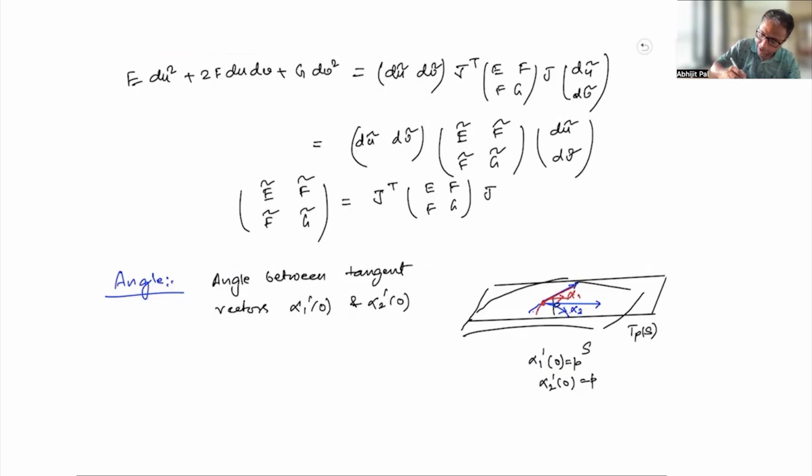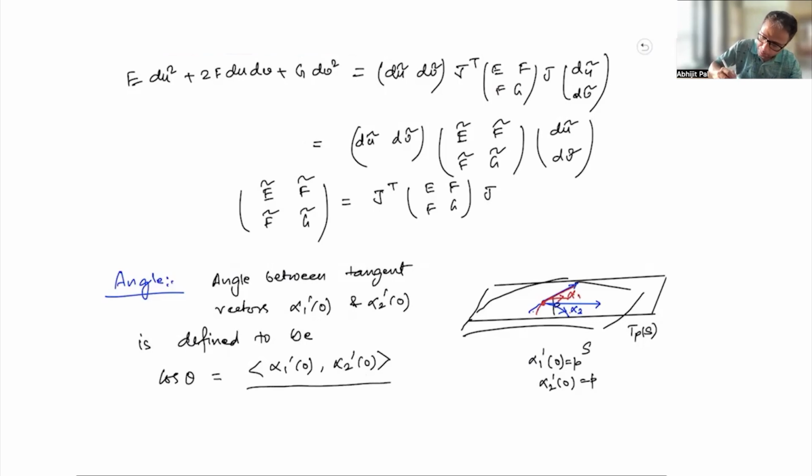So this is defined to be cos theta equal to the inner product of alpha 1 prime 0 comma alpha 2 prime 0, divided by the product of the norms of these two vectors, norm of alpha 1 prime 0 multiplied by norm of alpha 2 prime 0.